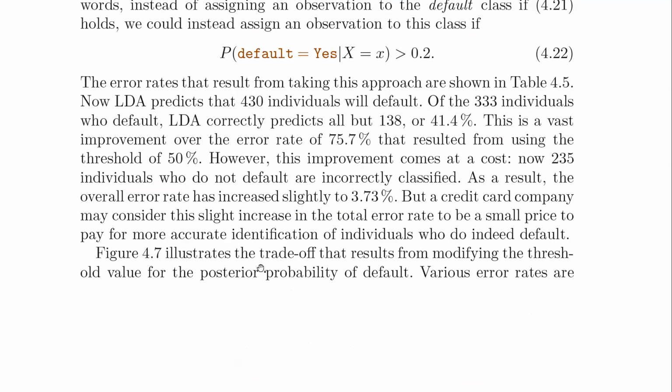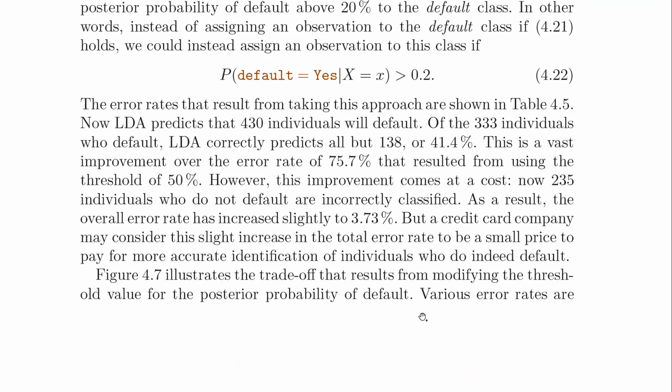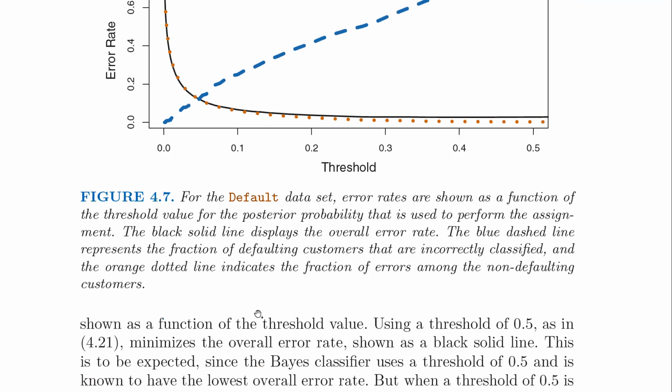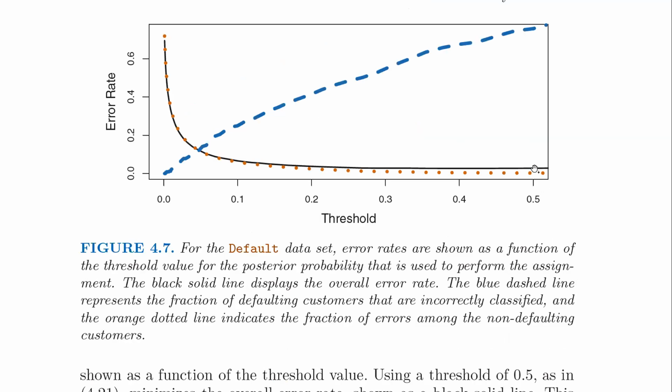So Figure 4.7 illustrates the trade-off that results from modifying the threshold value that was originally 0.5, now 0.2, for the posterior probability of default. Various error rates are shown as a function of the threshold. Using a threshold of 0.5 minimizes the black line, which is the one we didn't discuss, different from the orange.